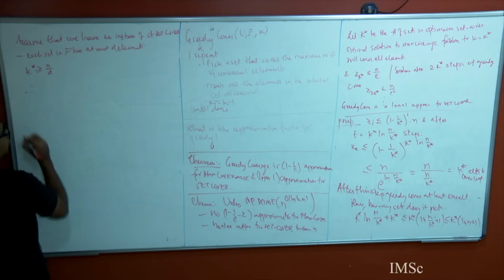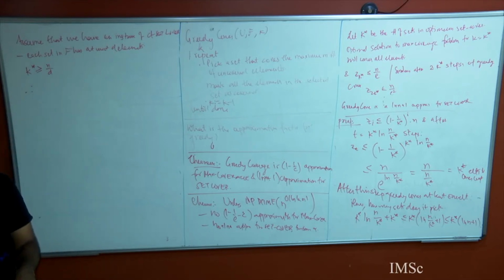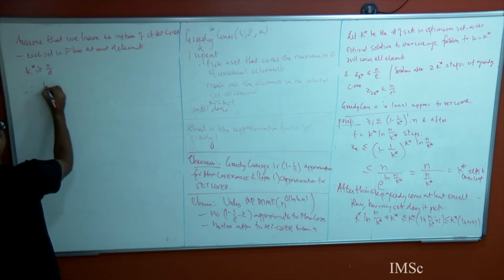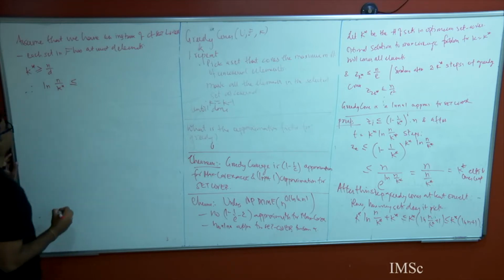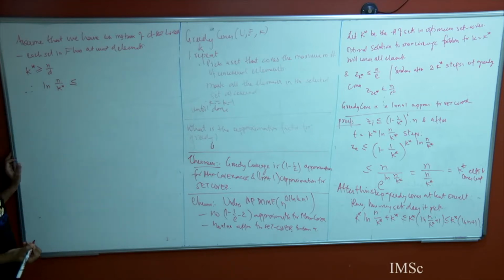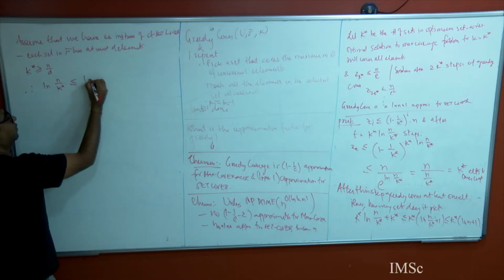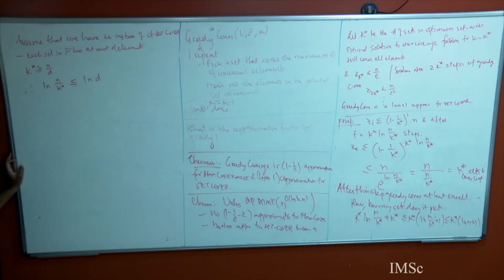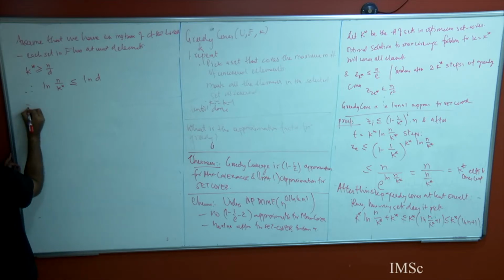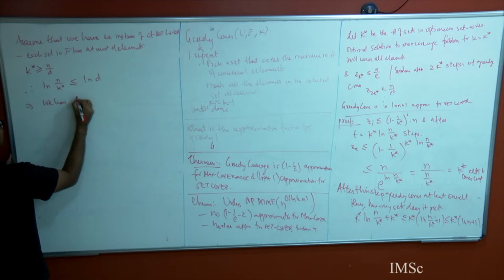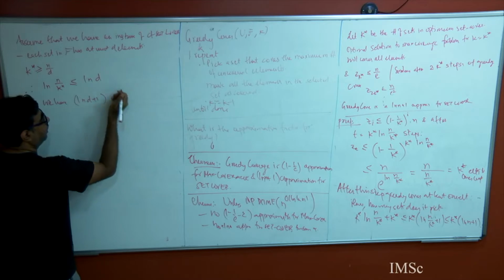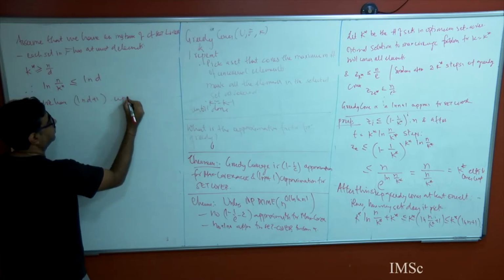So hence, ln(n/k*) is less than or equal to what? ln D. Right? So what does this imply? This implies we have ln D plus 1 approximation for D set cover.